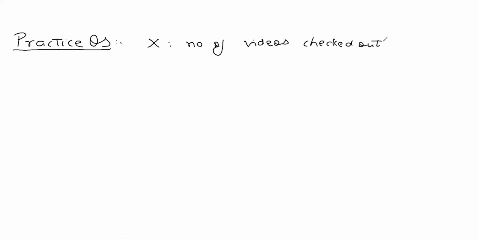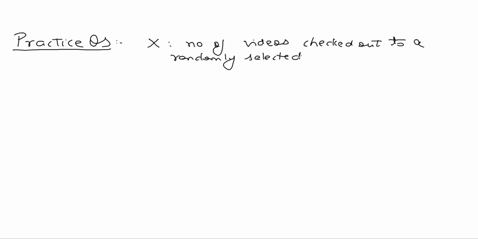Practice question you can also see in the lecture note. A library has an upper limit of 6 on the number of videos that can be checked out to an individual at one time. So let X denote the number of videos checked out to a randomly selected individual.